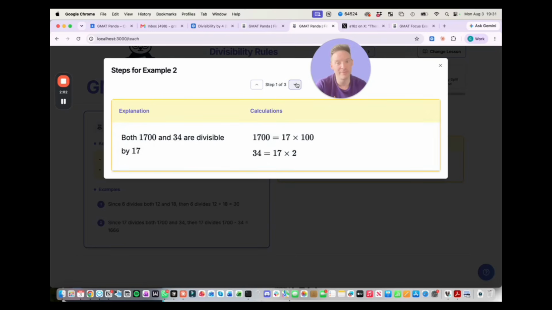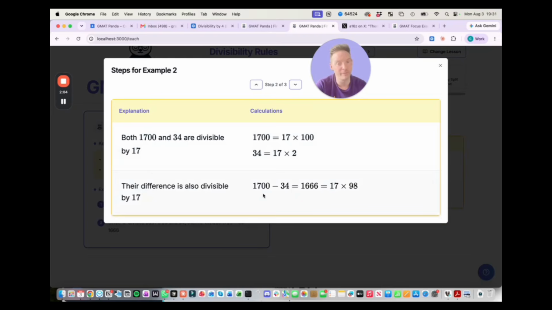Well, if I subtract one from the other, so if I do 1,700 minus 34, that number, which is 1,666, is also going to be divisible by 17. And that is not something that's obvious, right? You could check on your calculator, it's equal to 17 times 98.